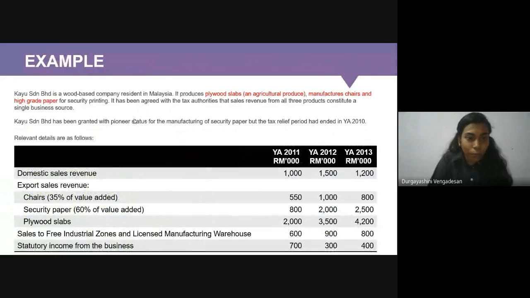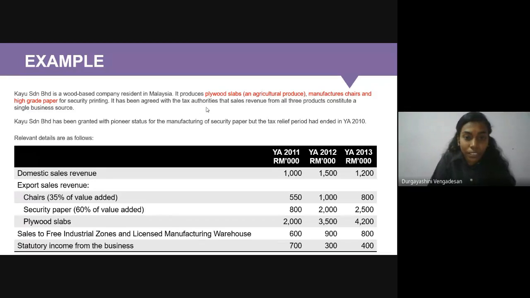Let's look into the example of value added. Kayu Sanjan Berhad is a wood-based company resident in Malaysia. It produces plywood slabs and agriculture produce. So they already mentioned that the plywood slab is an agriculture produce, and manufactures chairs and high-grade paper for security printing. So we have another two manufacturing products, which is chair and also high-grade paper for security printing.